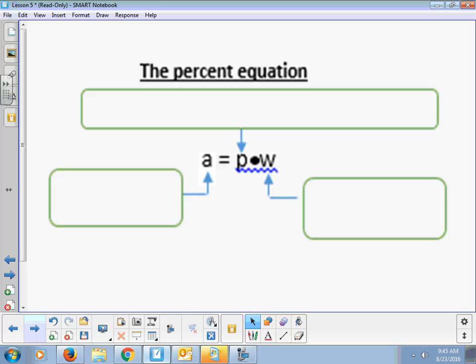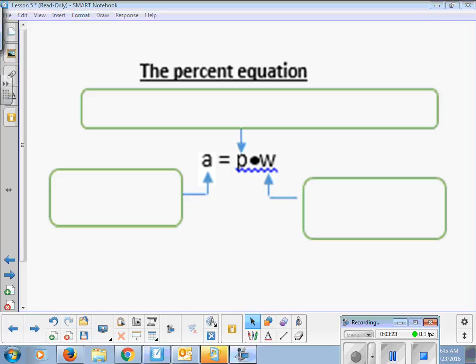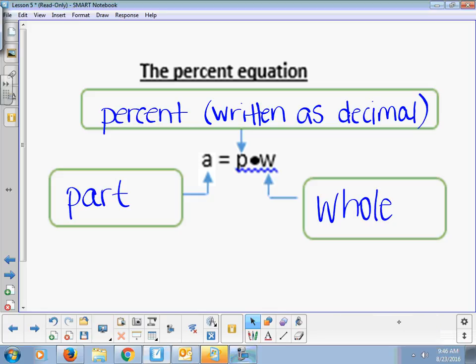Okay, for the percent equation, your percent equation is A equals P times W. A is your part, P is your percent written as a decimal, and you're multiplying by W, which is your whole.